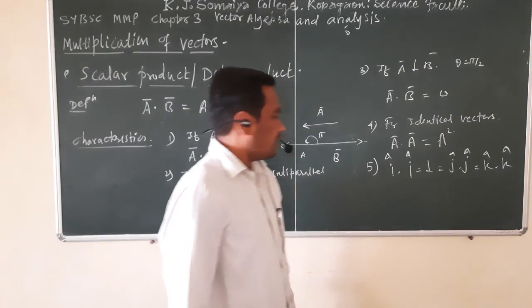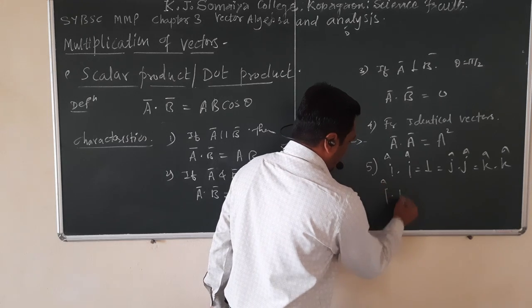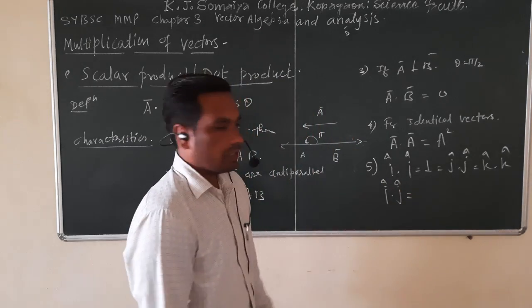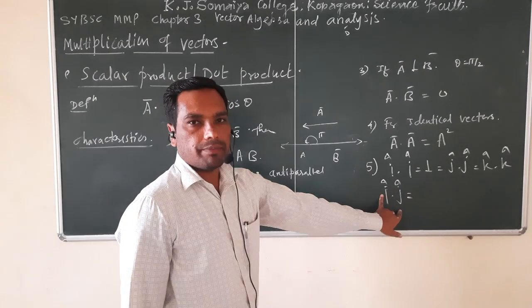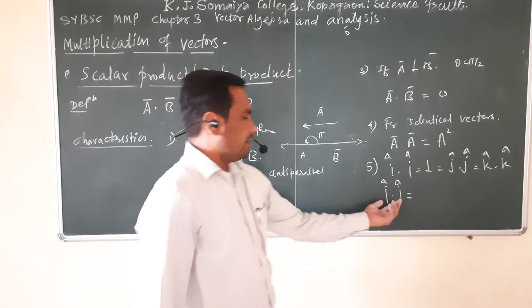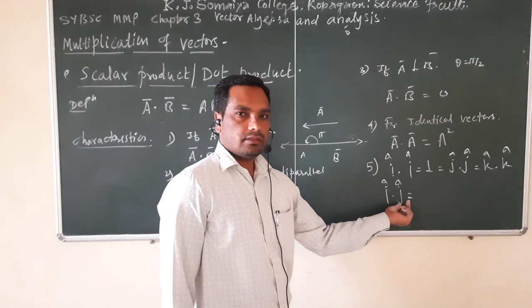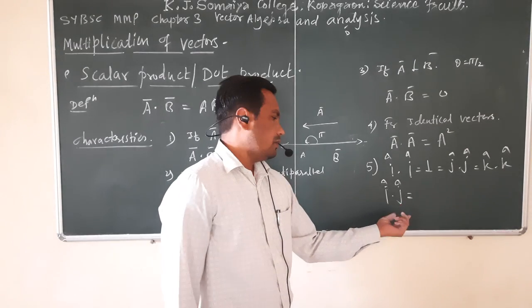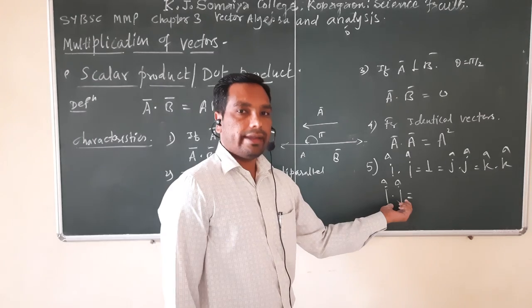Okay. Now if you take the dot product of i cap with j cap, again this is along the x axis, this is along the y axis, and we know that the x axis and y axis are perpendicular to each other, so the angle between them is 0, sorry, 90 degrees.